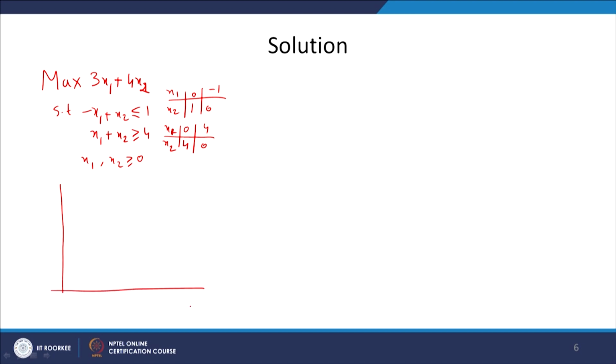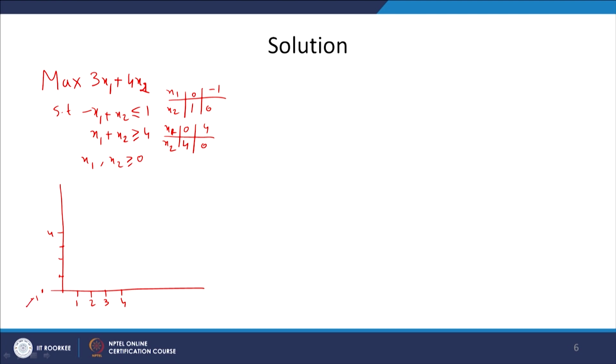So, here you have 1, 2, 3, 4, 1, 2, 3, 4, and it should pass through (0, 1) and (-1, 0).